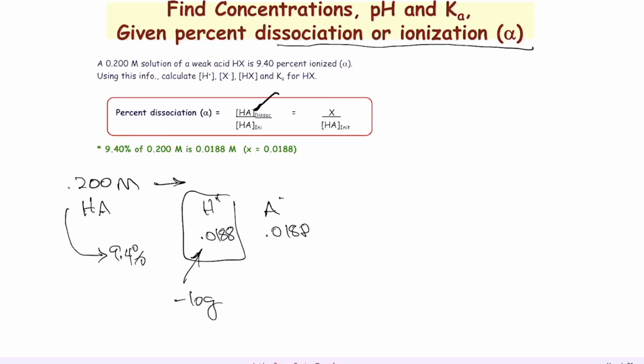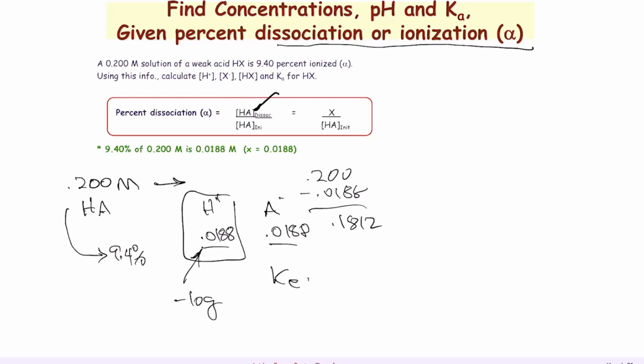Here, suppose we want to calculate the equilibrium constant. Well, you know what the equilibrium concentration of both the acid and the conjugate is. If you've got 0.200 and you subtract 0.0188, then the equilibrium concentration of the original acid is going to be 0.1812. So you can use that information.